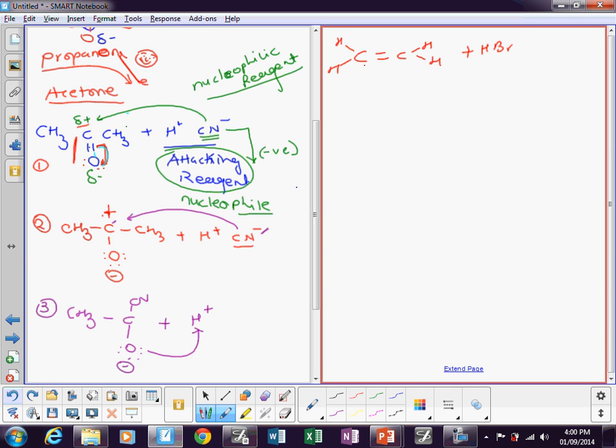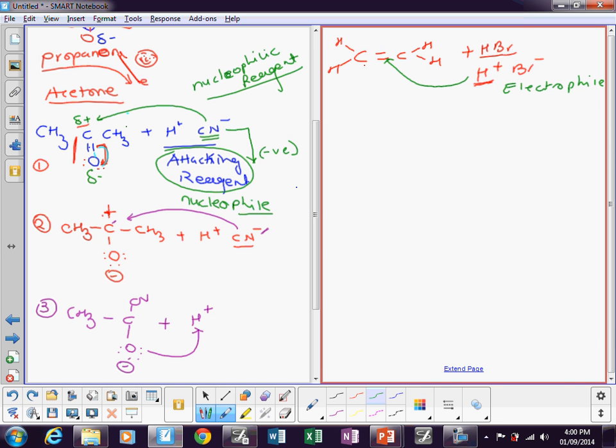So here we have HBr. I may write it as H plus Br minus. This time the positively charged H plus is the electrophile. It will get attracted towards this electron.